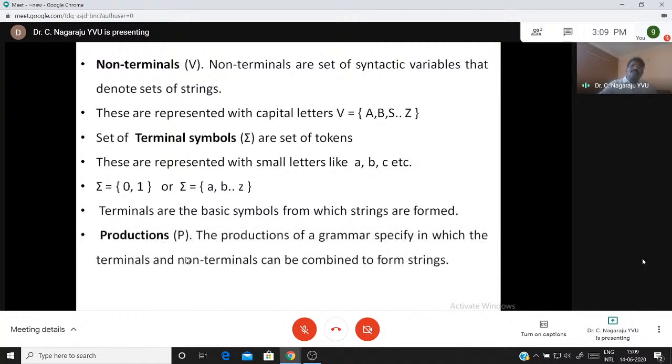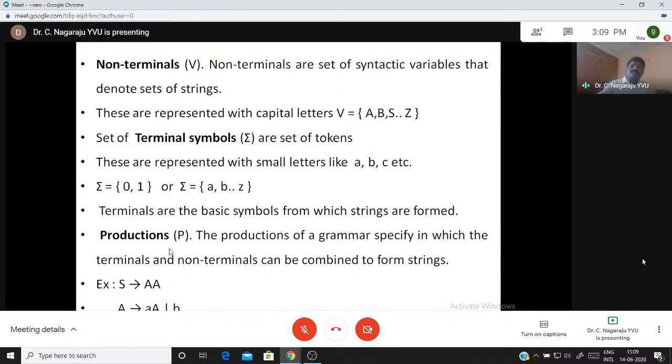Next is the production. The productions of a grammar specify how the terminals and non-terminals can be combined to form a string. Based on the productions, we can derive whether the given string is accepted, that is, whether it is syntactically correct or not.